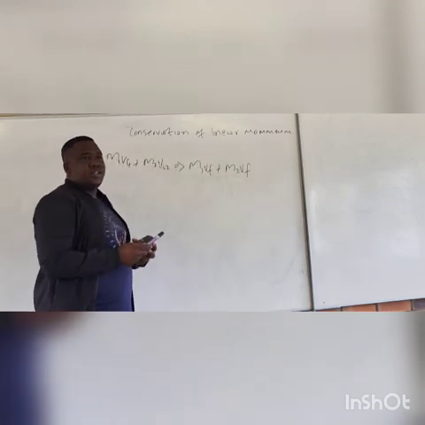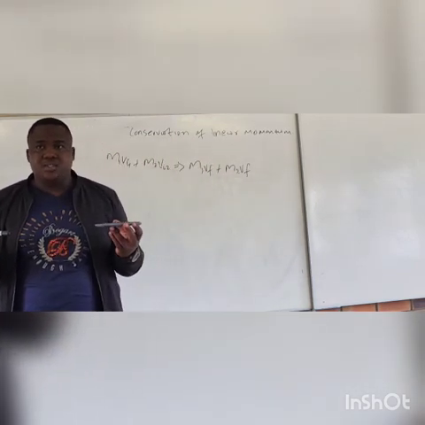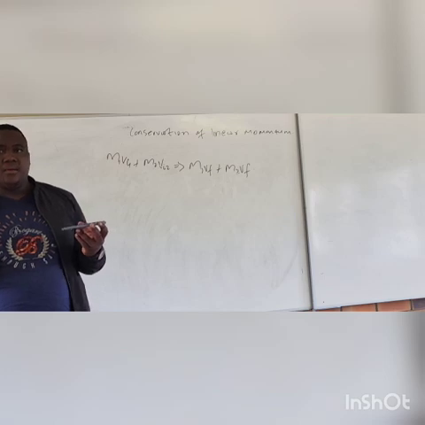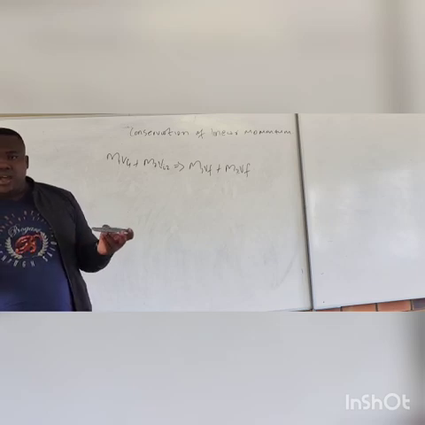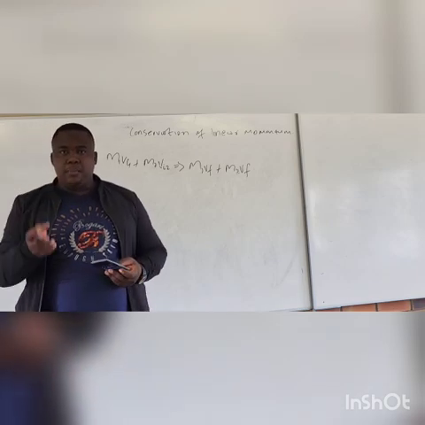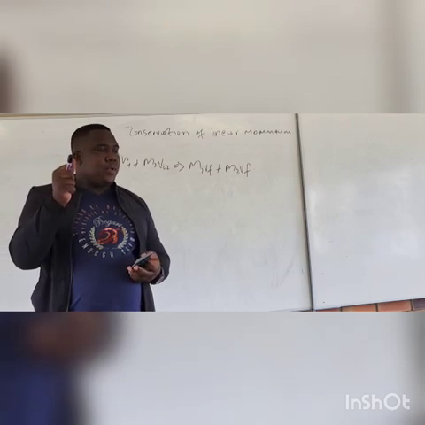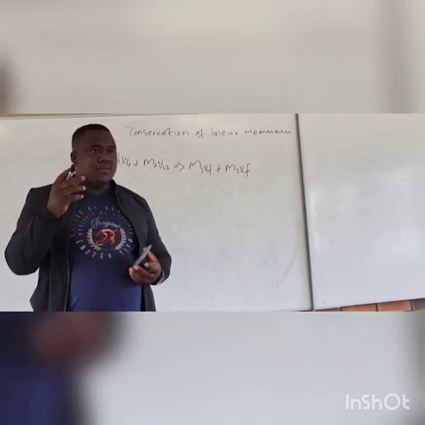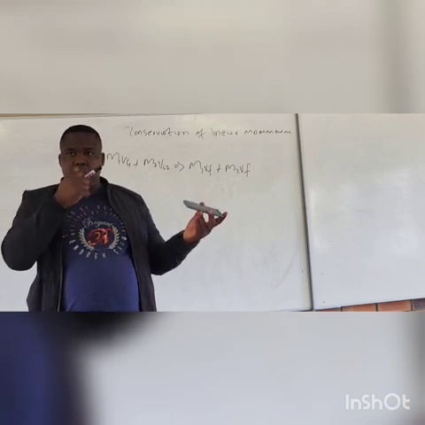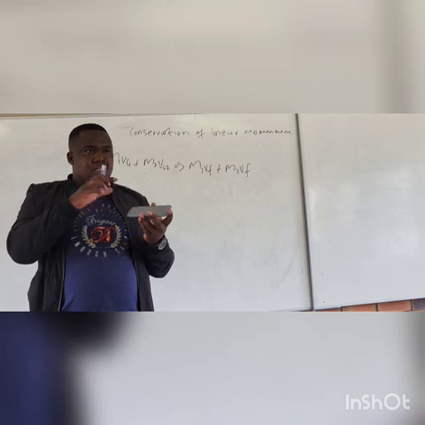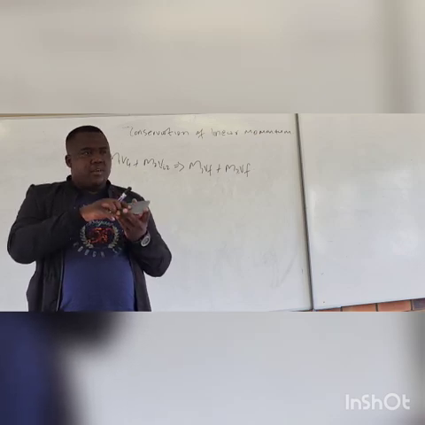Because these two cars, there is something that is going to happen to them. Either they hit each other, or nothing happens to them, or we talk about a bullet and a wooden block. I fire a bullet and the bullet gets stuck in the wooden block.